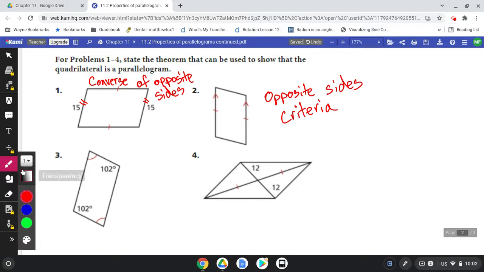All right, in the final row here, opposite sides 102, 102. Meanwhile, these arcs are there. And since they are congruent, we know it is the converse of opposite angles. And it is a parallelogram.